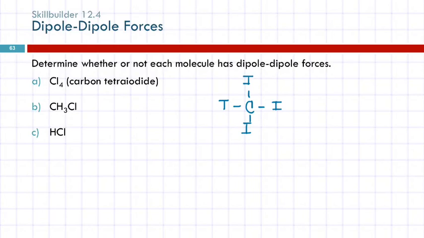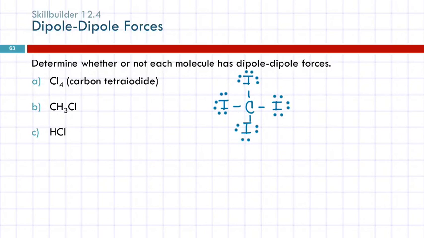So here we've got carbon and these are all going to have lone pairs. But those lone pairs on the iodines are not on the central atom. So when we look at this, the central atom carbon has no lone pairs, and all of the atoms bonded to it are the same.